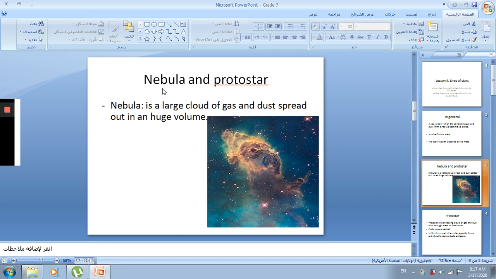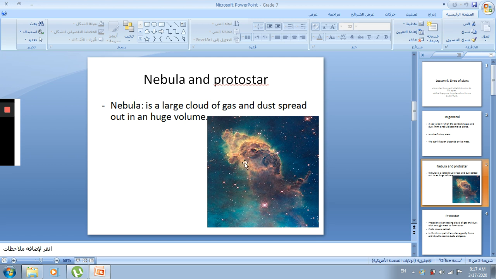Now let's talk about the nebula and the protostar. A nebula is a large cloud of gas and dust spread out in a huge volume. This is the nebula, the closest figure that I found on the internet.